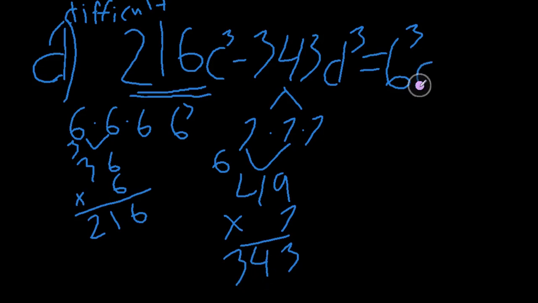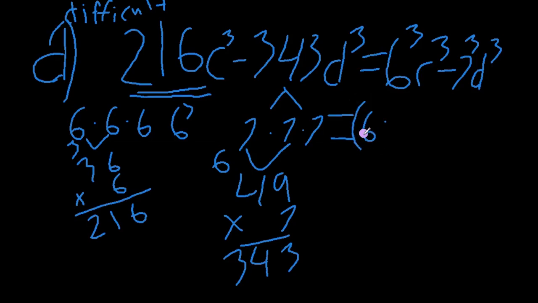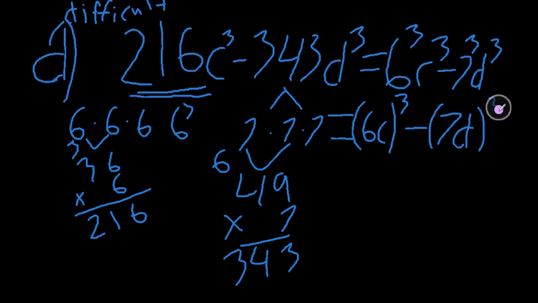Okay, so let me finish writing this. Minus 7 cubed d cubed. And just to be clear, what my a and b will be, it will be 6c quantity cubed minus 7d quantity cubed.